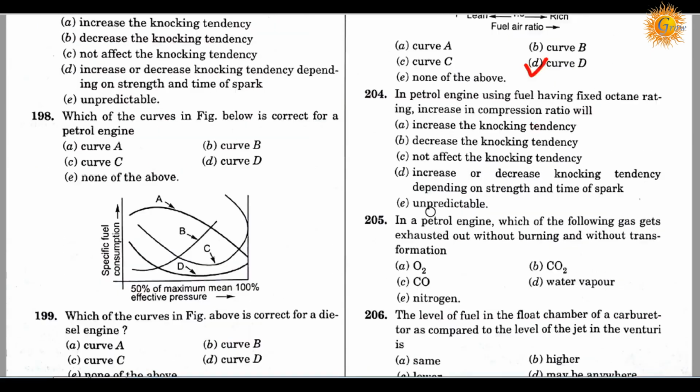Question number 204. In a petrol engine using fuel having a fixed octane rating, an increase in compression ratio will: option A increase the knocking tendency, option B decrease the knocking tendency, option C not affect the knocking tendency, option D increase or decrease knocking tendency depending on strength and time of spark, option E is unpredictable.